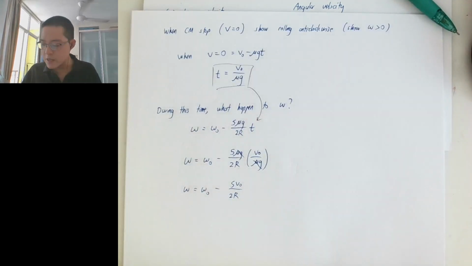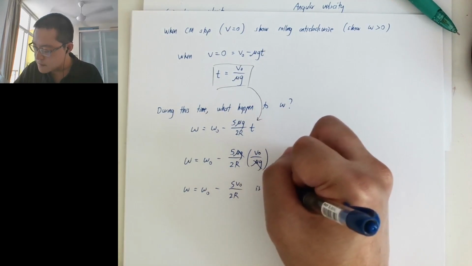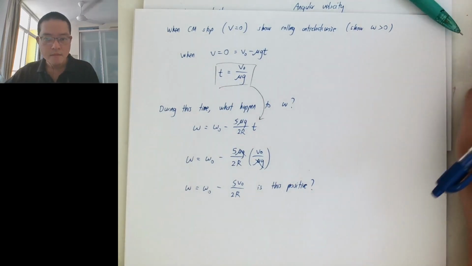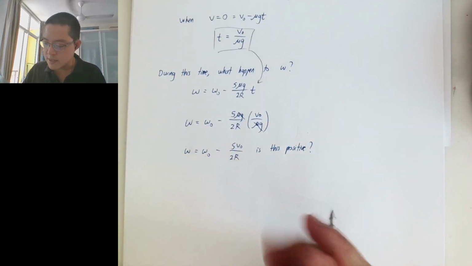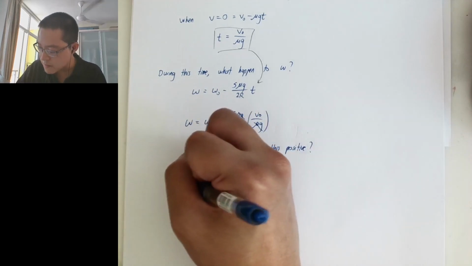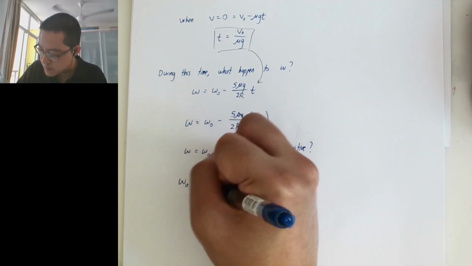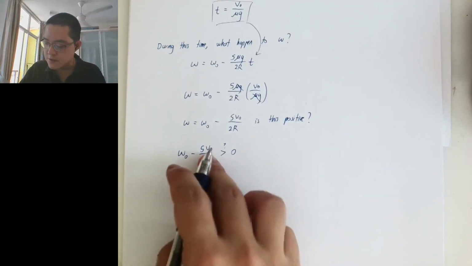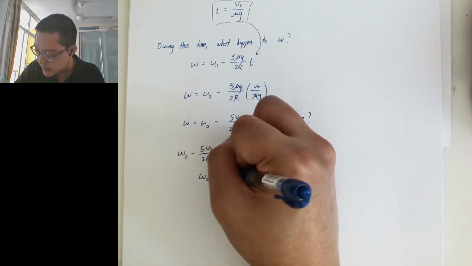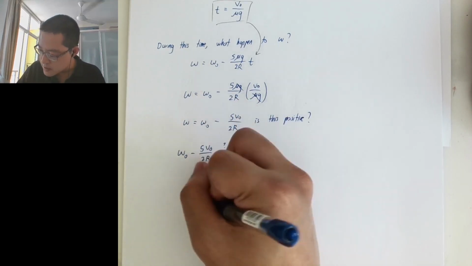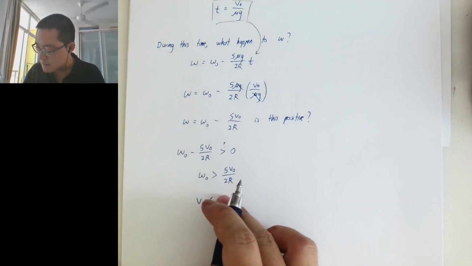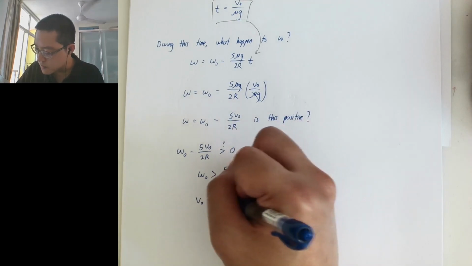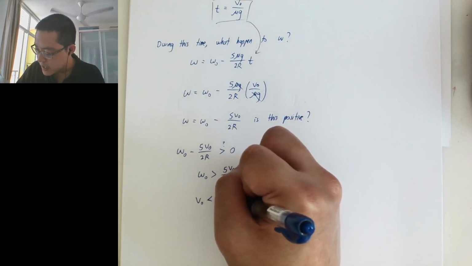And we want to answer the question, is this positive during this time? So I want to ask the question, is omega 0 minus 5v0 over 2r positive? Then we rearrange a bit. I will rearrange: omega 0 greater than 5v0 over 2r, or in other words, v0 is smaller than 2 over 5 r omega 0.